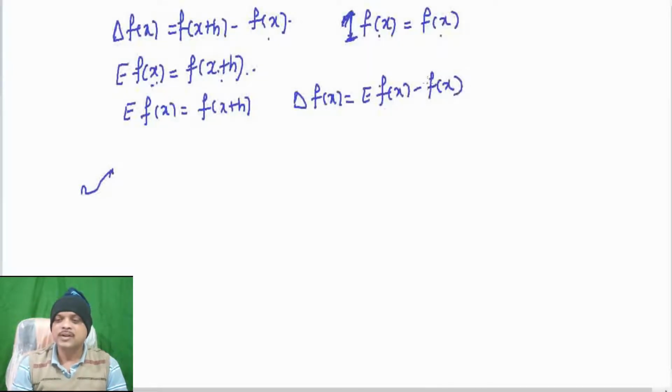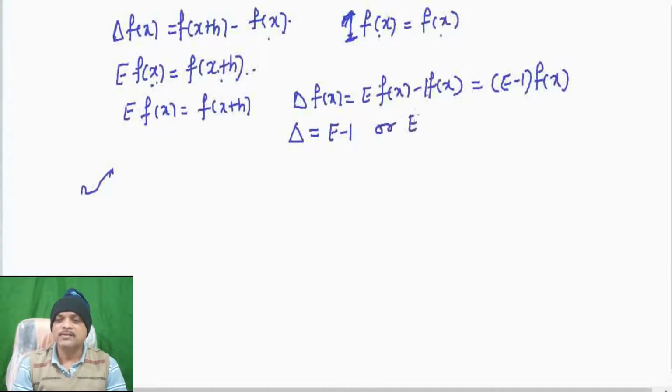So we take E minus 1 as common, E minus 1 into f of x, and hence we get the first operator relation: E minus 1 equal to delta, or E equal to 1 plus delta.